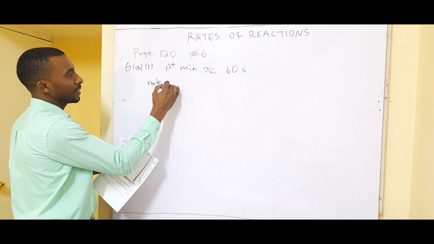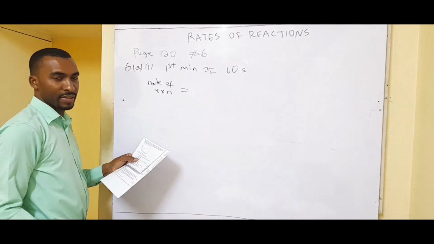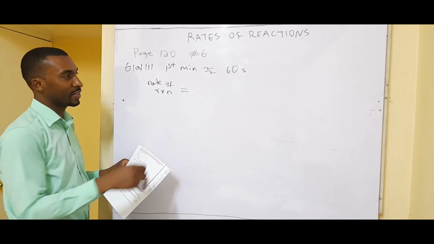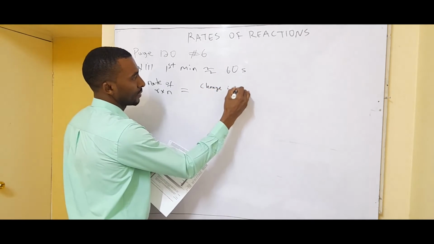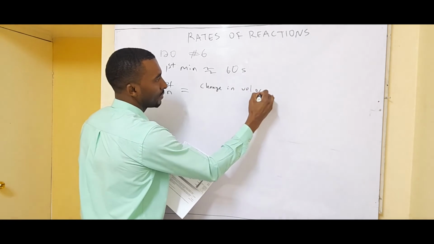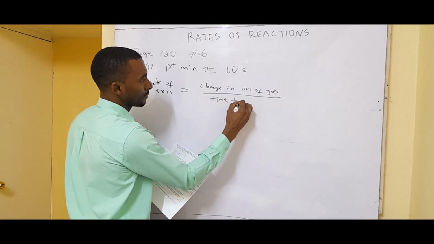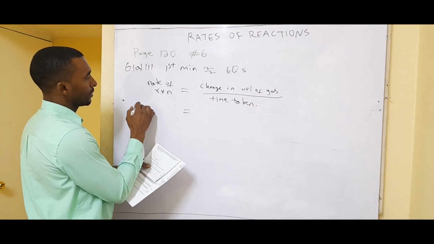So the rate of reaction, they want this in centimeters cube per second. So it is really the volume of gas produced over time taken.